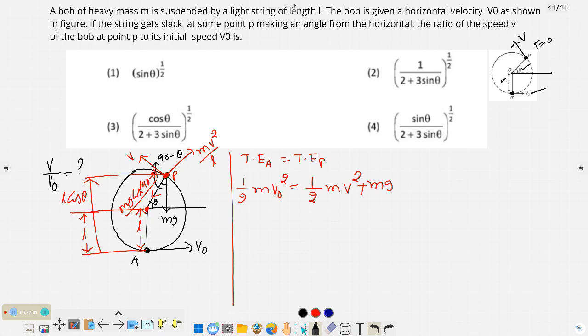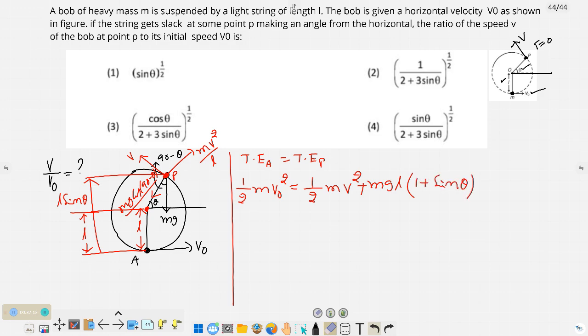Not L cos theta, it is L sin theta you get here if you solve it. I'm writing it here because every solution would take a long time. So this is mgL. I'm taking it common because the total height becomes L plus L sin theta. Taking L common, that becomes 1 plus sin theta.